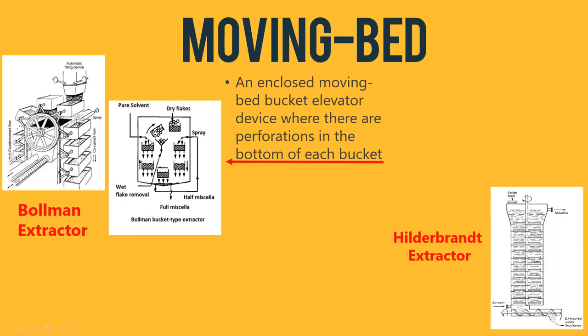As you could see here, you have the pure solvent being introduced onto each of the buckets as the bucket passes this particular portion of the assembly. As this bucket goes to this particular solvent introduction section, the solids inside the bucket are being washed by the pure solvent.